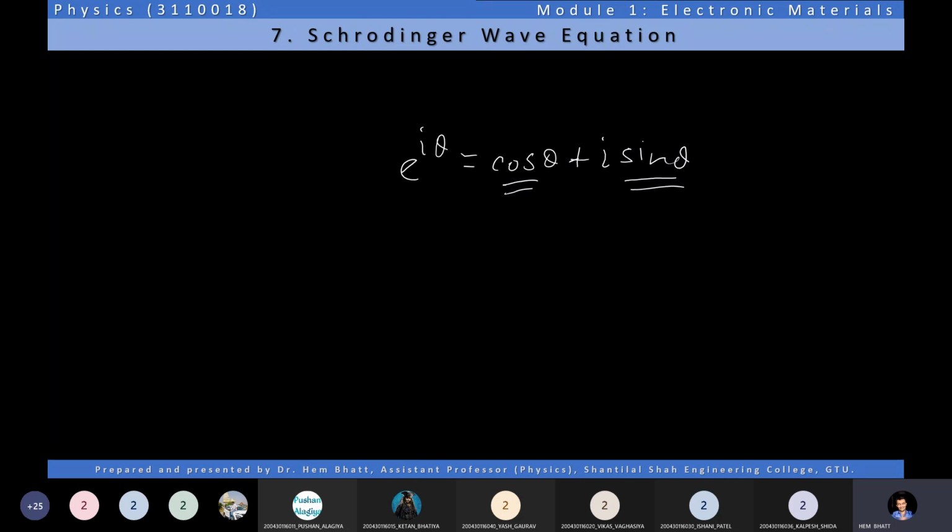You can never represent any wave in terms of tan or cot or sec or cosec, because these are not continuous functions. But you can always use cos or sine, or maybe a combination of both.